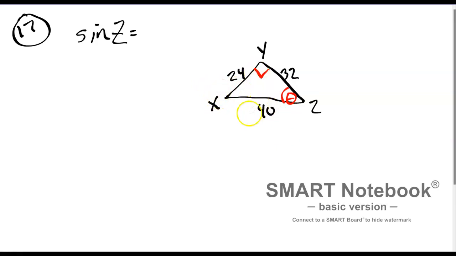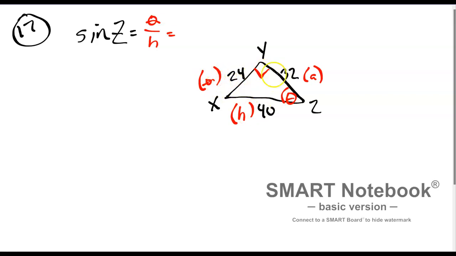I want to identify hypotenuse, done. Theta, across from it is opposite, little circle with a line, and the default is adjacent. So now that I've done that, I look at my notes, and for sine of z, all sine involves opposite over hypotenuse.